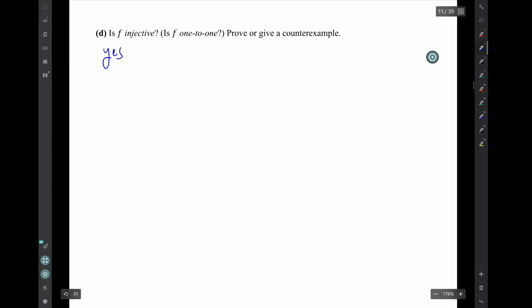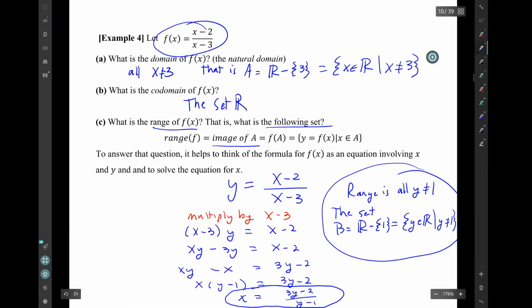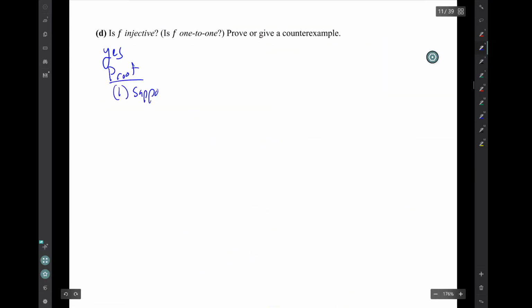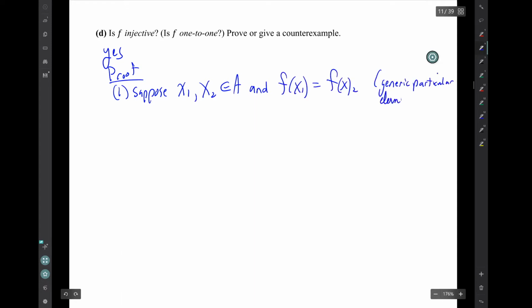Now, we will do the same kind of proof, but here we are aided by the fact that we have solved this equation for x in terms of y. We're going to be able to use this fact. So we're doing a direct proof.